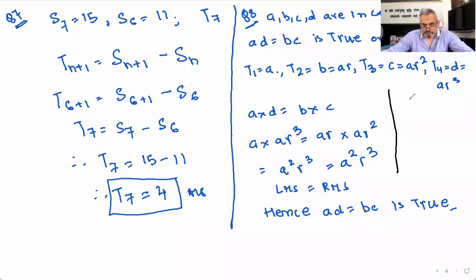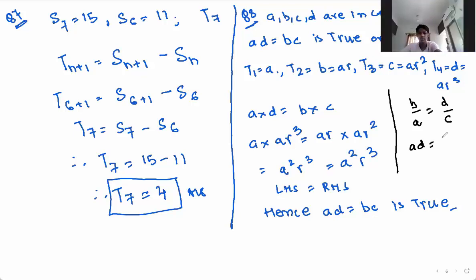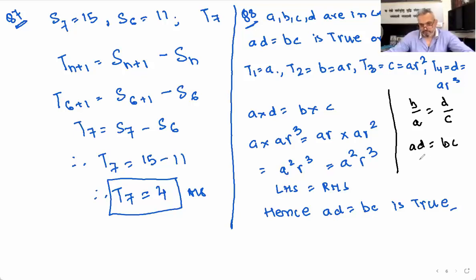We can do B upon A is equal to, this is what you are saying, B upon A is equal to D upon C. Yes, so here cross multiplied, so AD is equal to BC. Yeah, we can do this also. That is T2 upon T1 is equal to T4 upon T3. That's right, Shubhankar. Correct.